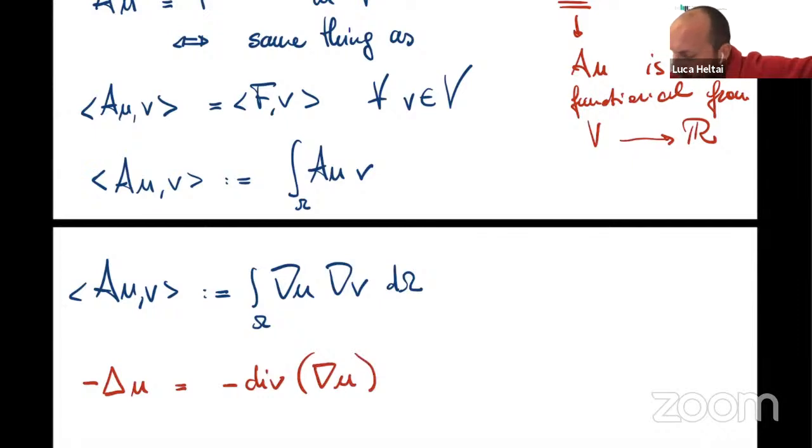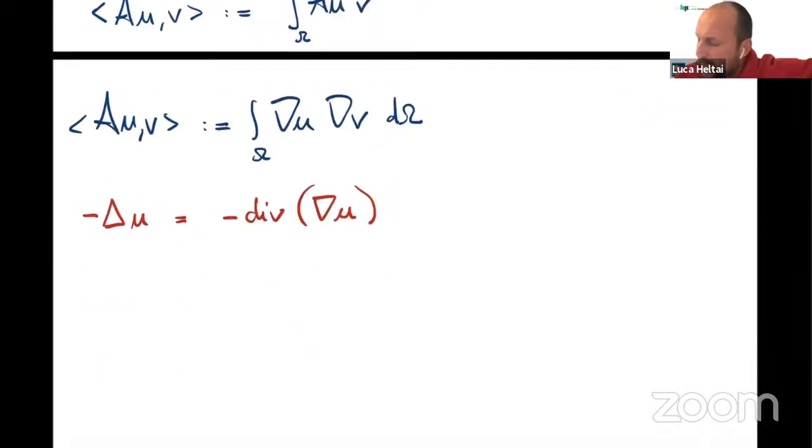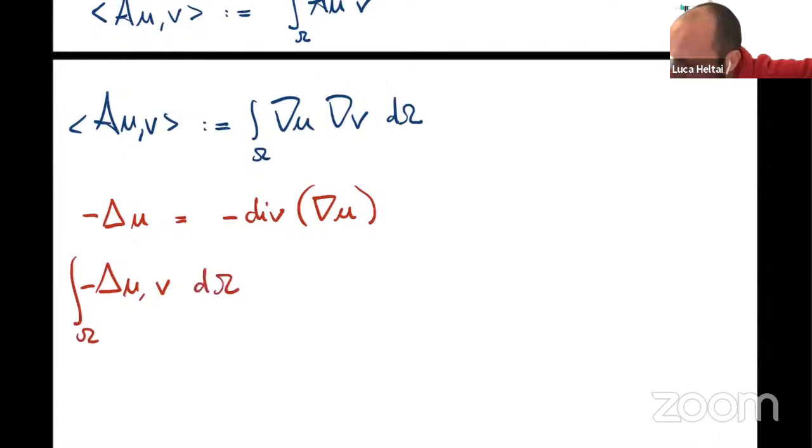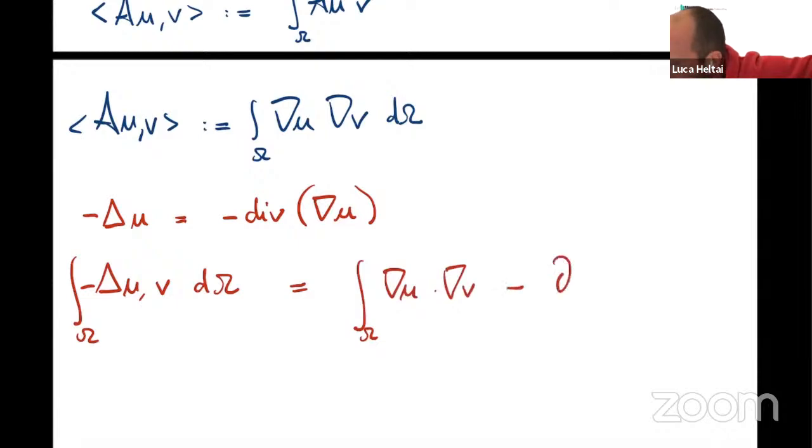So you can recover this expression simply by saying, I take minus the Laplacian of u, I multiply this with the test function v, which is smooth enough, integrate on the domain omega, and I can integrate by parts, and I would obtain the gradient of u, gradient of v, minus the derivative of u along the normal direction, integrated on the boundary of omega, times v.